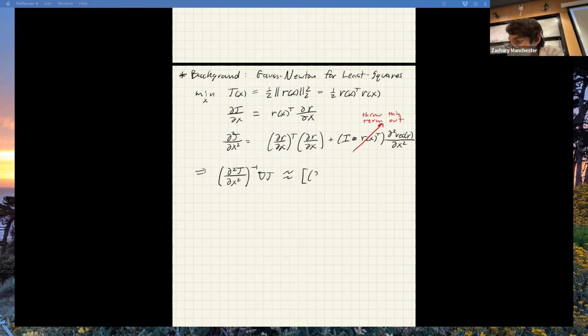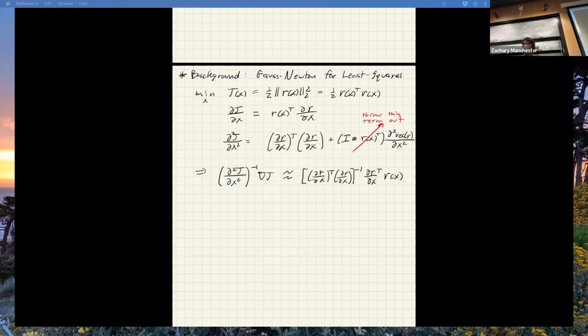So it's going to look like partial r, partial x, transpose partial r, partial x. That's our approximate Gauss-Newton Hessian, because we threw out the other term, inverse times grad j, which we already wrote down above, which is going to be partial r, partial x, transpose r of x. So that's the Gauss-Newton step.